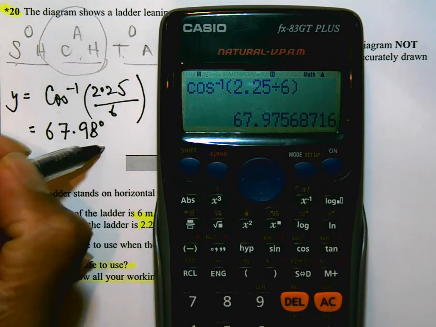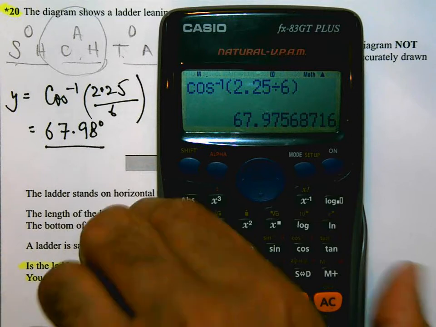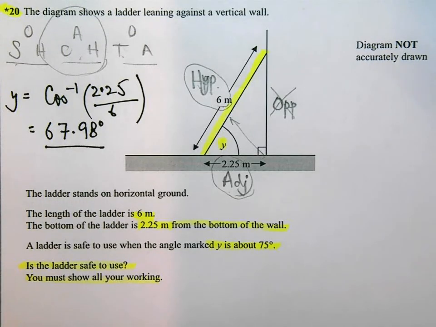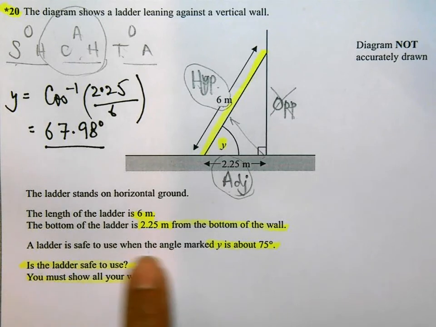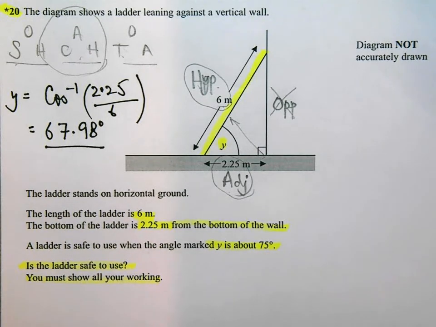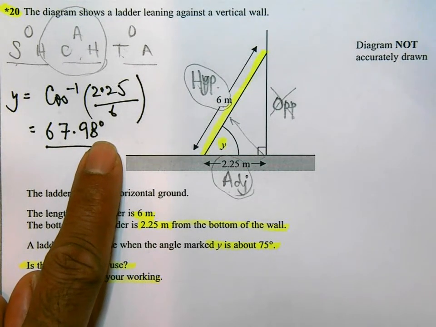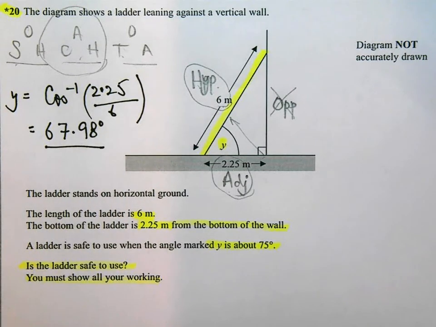Okay, now the question asks, a ladder is safe to use when the angle marked Y is about 75 degrees. What we're doing is we're getting the angle to be about 67.8 degrees. Now 67.8 degrees is less than 75 degrees, so the ladder is not safe to use.